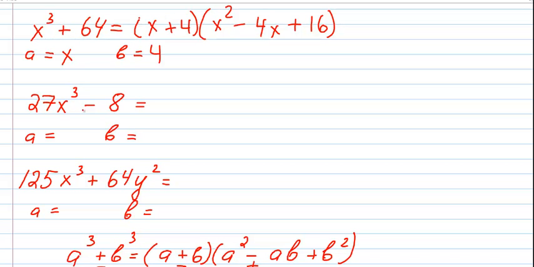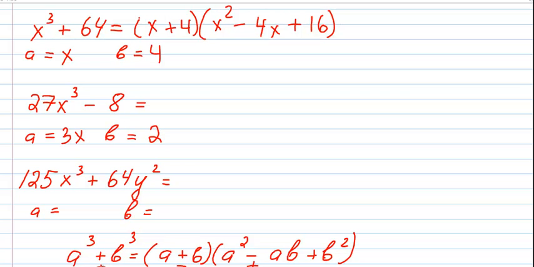Our next example is probably the difference of two cubes, but before we make sure that this is a difference, let's look at both terms and make sure that they are perfect cubes. This is a perfect cube because we can say that a is 3x, and when we cube this expression, we need to cube the numerical coefficient, and 3 cubed is 27, and x cubed is x cubed, and our b is 2, since 2 cubed gives us 8.